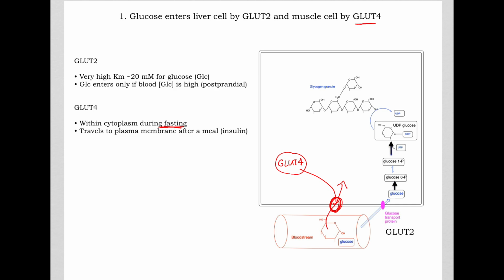Postprandial is the only time when the insulin levels are high. Insulin will cause this GLUT4 to travel from the cytoplasm to the plasma membrane and thereby bring glucose into the cell. So this is one of the major functions of insulin.